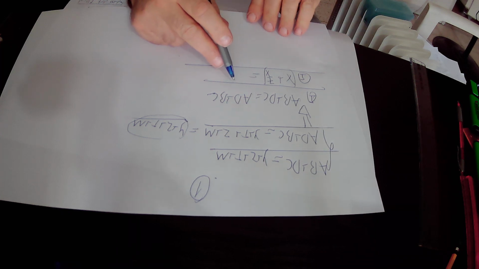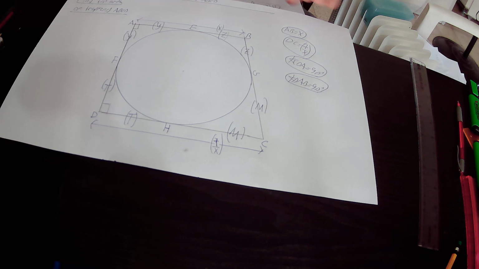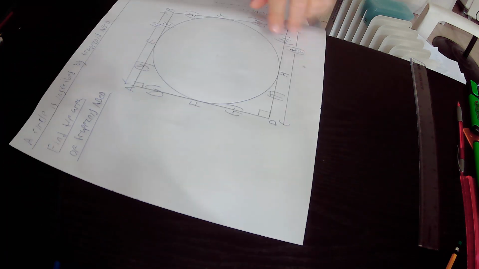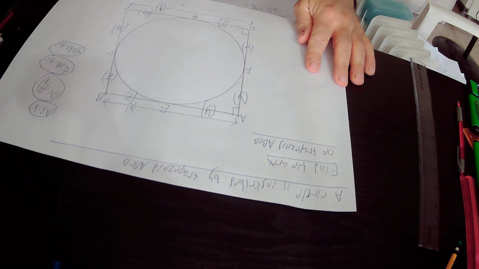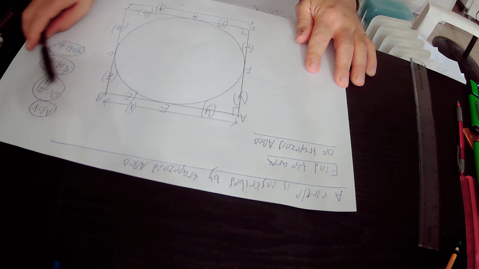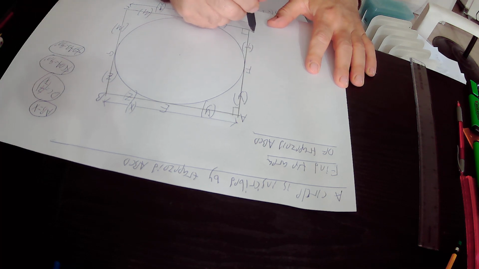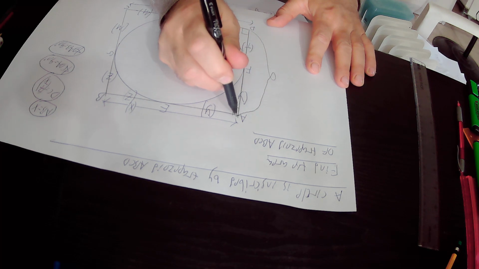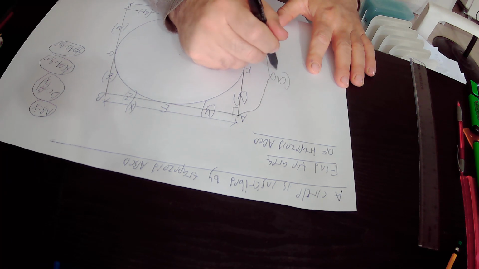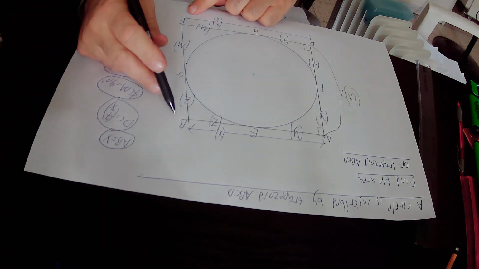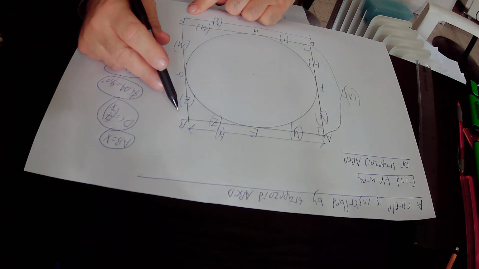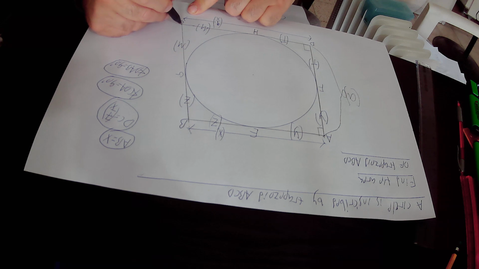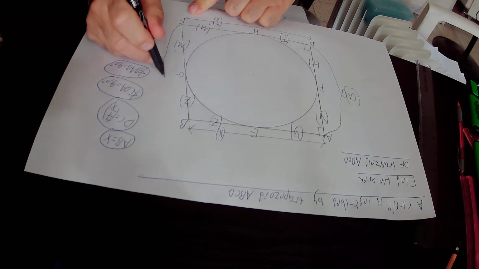Here we define side AD of this trapezoid ABCD as A. Side AD equals A according to our definition. Likewise, we define side BC of this trapezoid ABCD as B. BC equals B according to our definition.